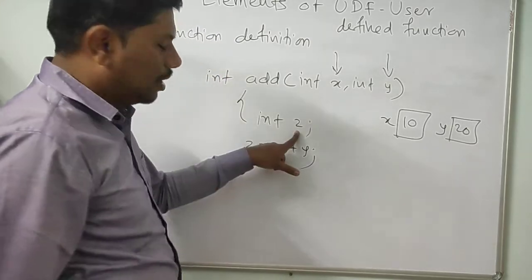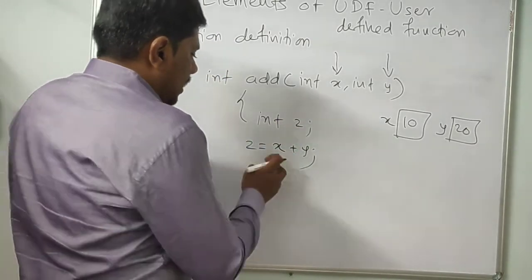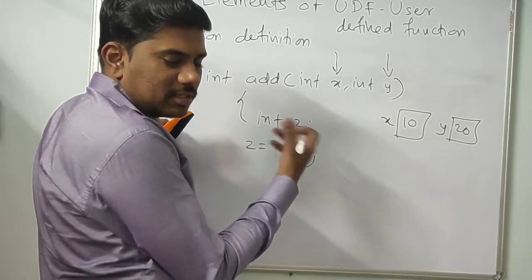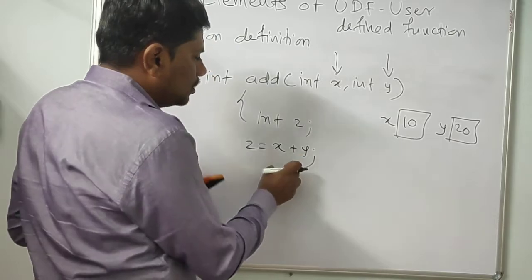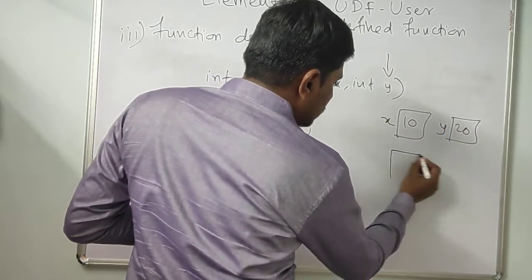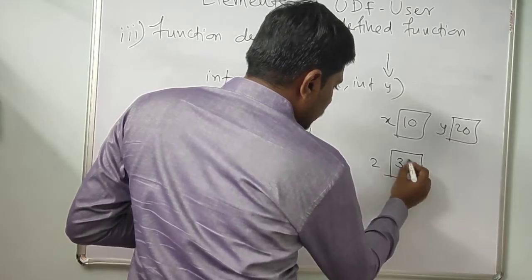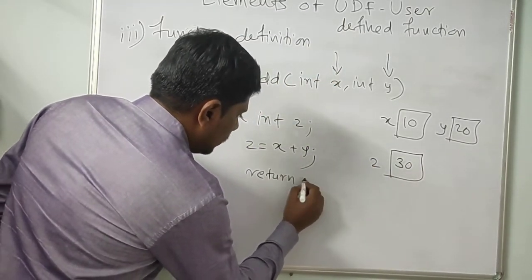These x, y and z are local variables. And this is the function statement or main logic. I am performing the addition of these two, 10 and 20, and storing that to z. So 30 will be stored in the z variable.